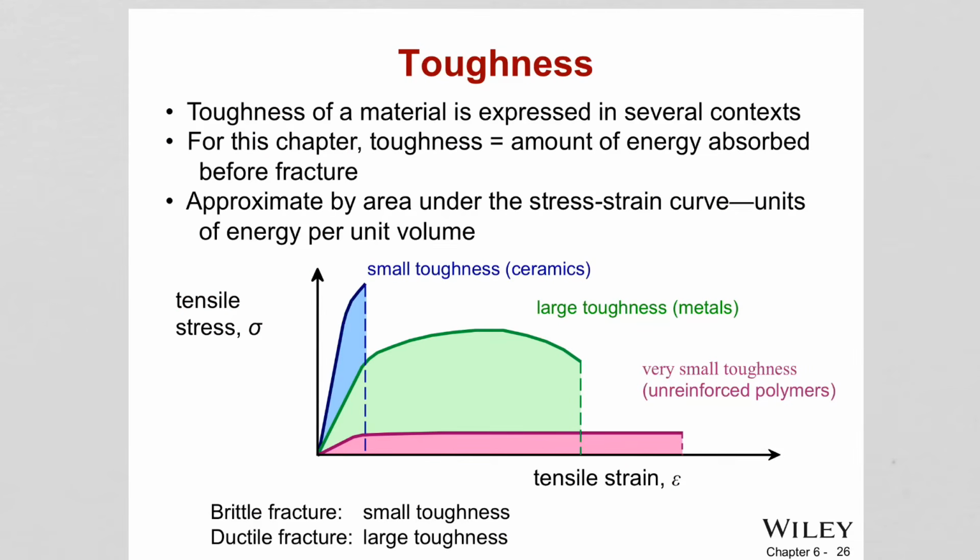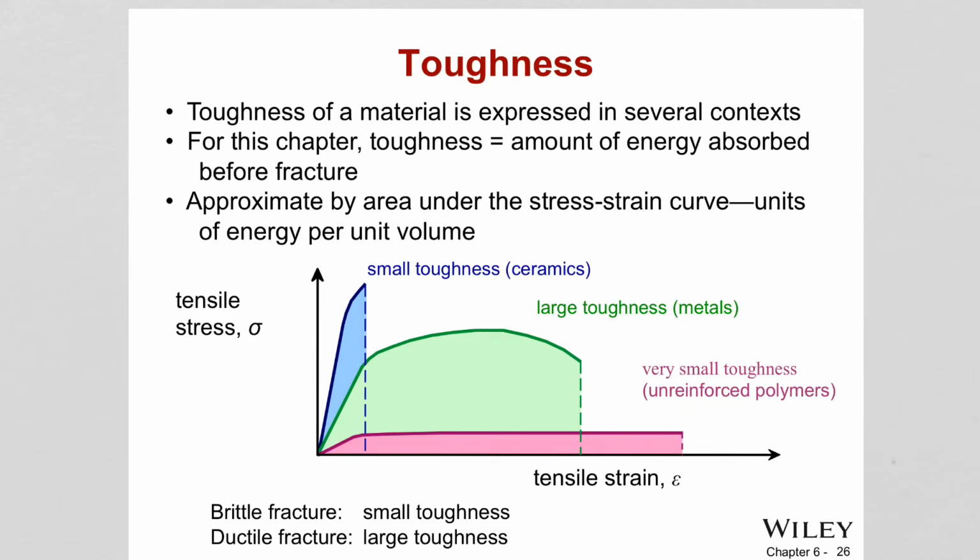What is toughness? Resilience was energy absorption within the elastic deformation region. Toughness is energy absorbed until fracture. So it includes all the area under the stress strain curve.